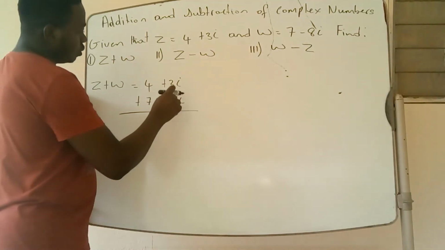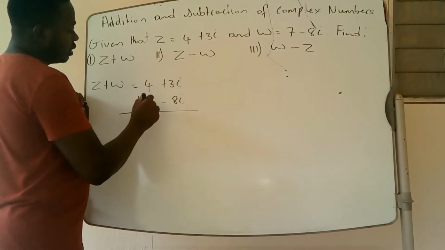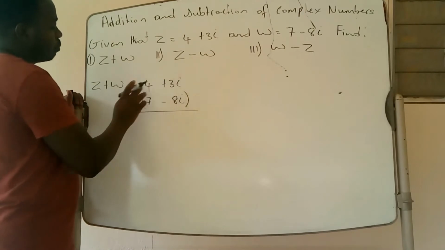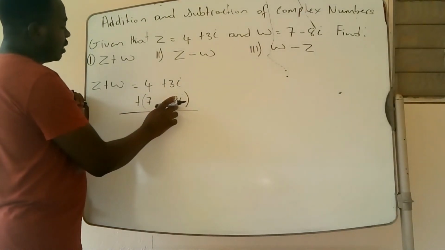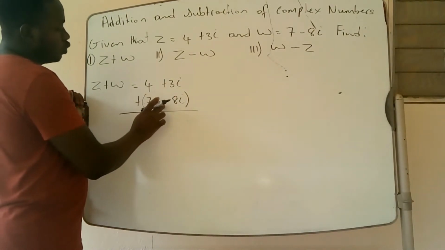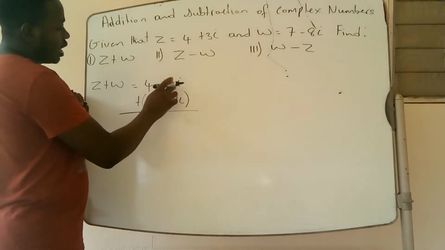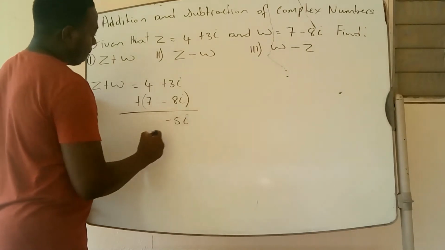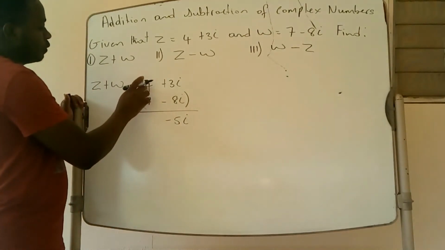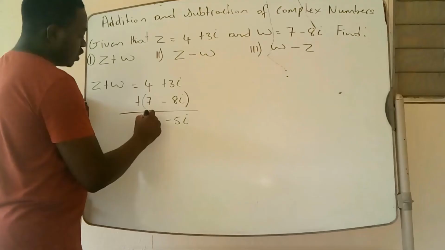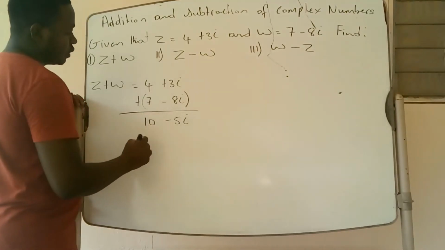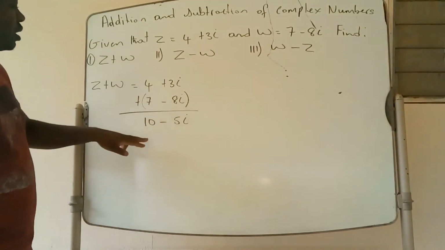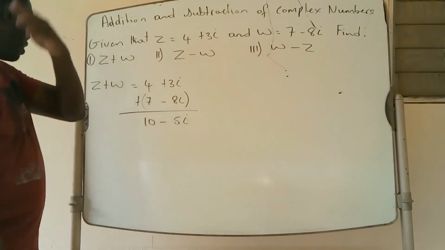So we have 3i, you can put this in a bracket, so we have 3i plus negative 8i. Negative is going to overrule. In other words, we just have 3i minus 8i, and that's going to give us minus 5i. Here we have 4 plus 7, and that's going to give us 11. Right? So our final answer is going to be 11 minus 5i, right?